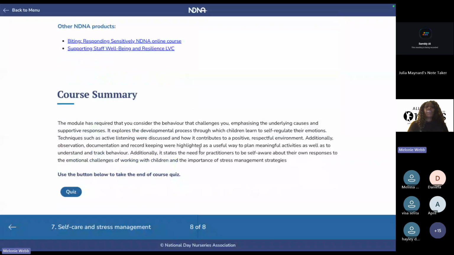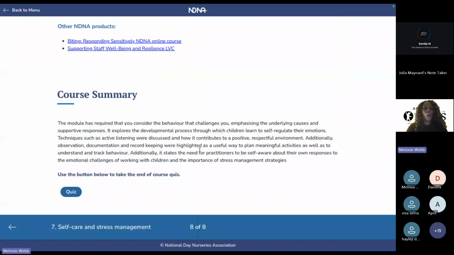Right. So this module has required that you consider the behavior that challenges you, emphasizing the underlying cause and supportive responses. It explores the developmental process through which children learn to self-regulate their emotions. Techniques such as active listening were discussed and how it contributes to a positive, respectful environment.